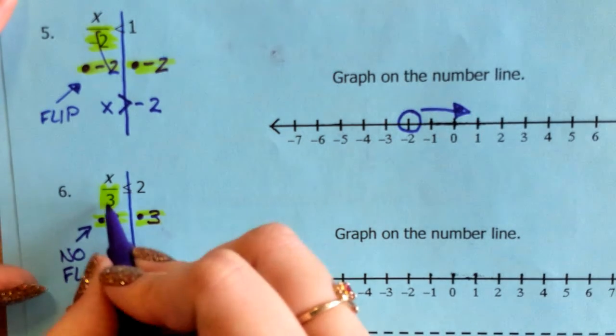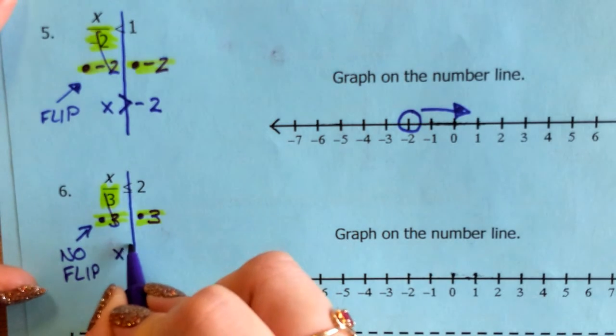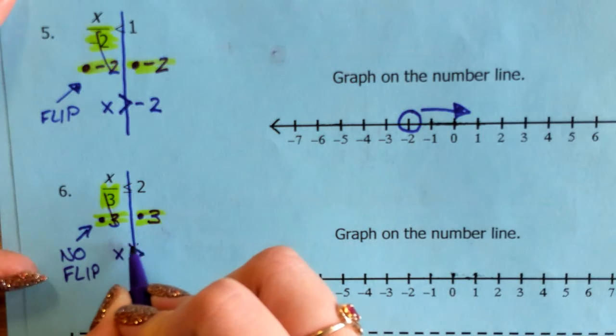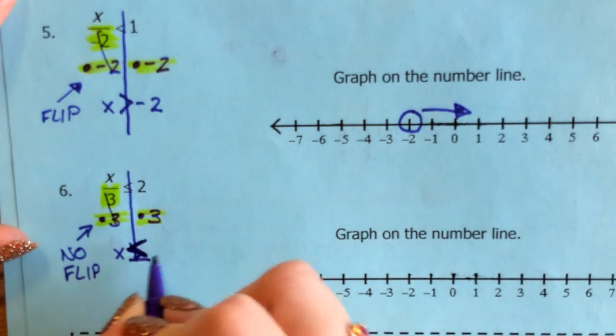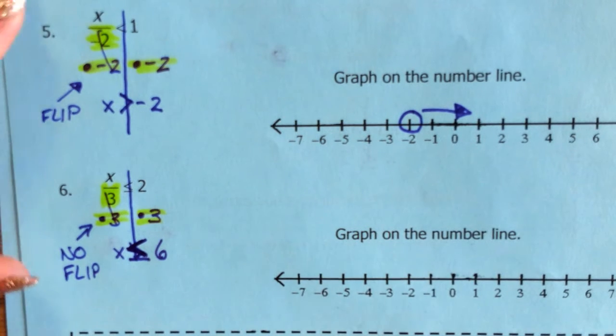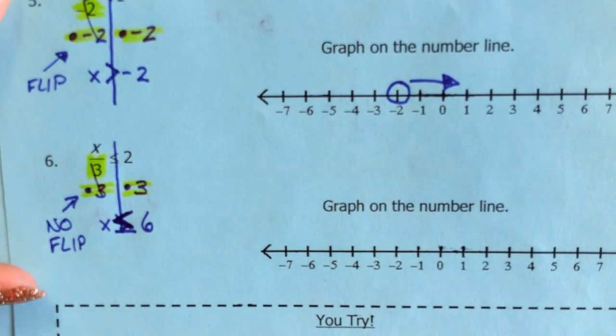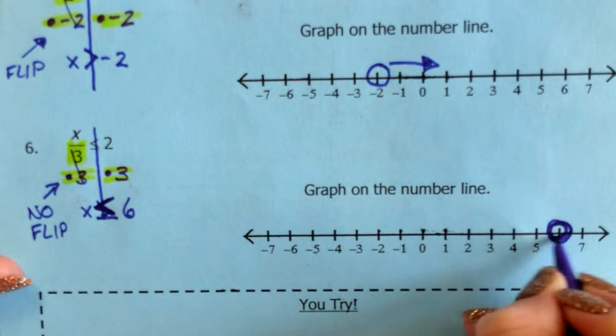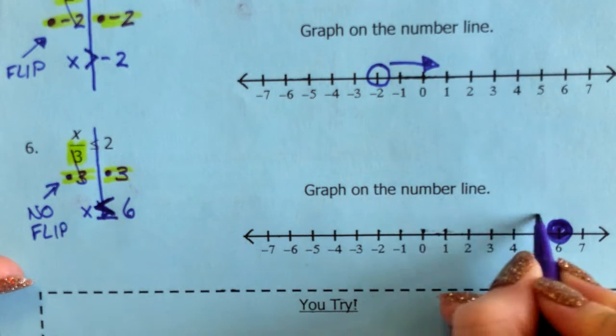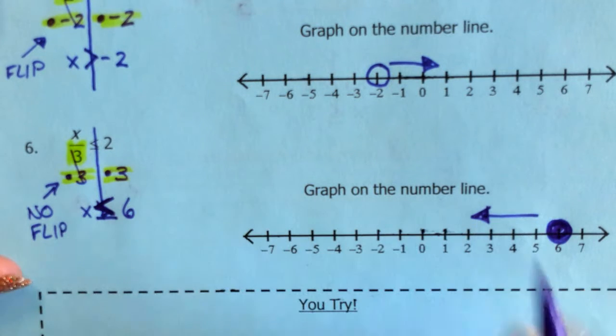No flipping there. The 3's cancel. X, keep my, oops, I almost flipped it. Keep my less than or equal to sign, and this is a 6. So on 6, I need a closed circle, and I should be going to the left.